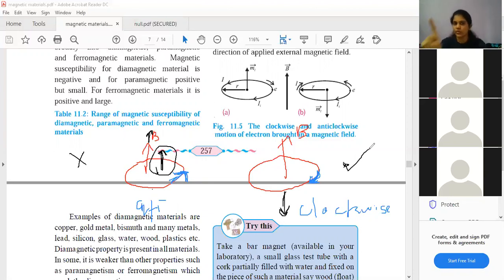So what you all can do, students, is note down the diagram, or you can just take a screenshot if you want.